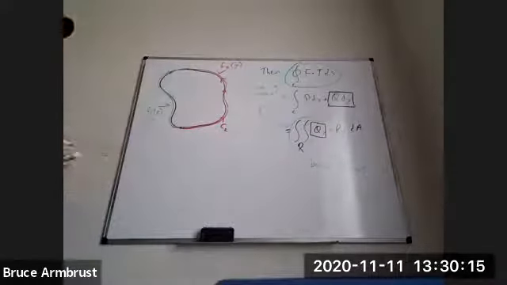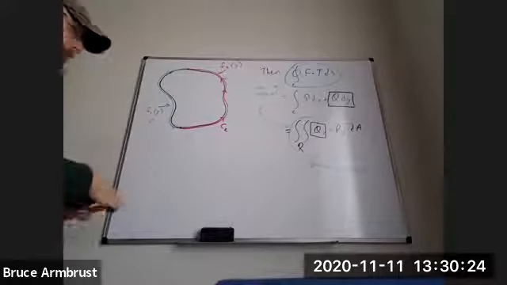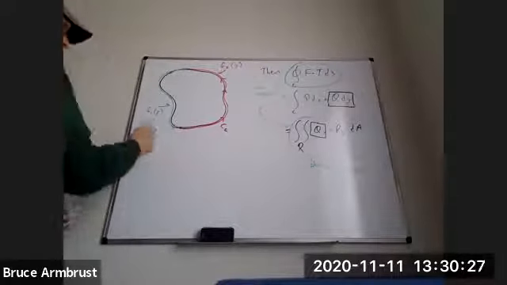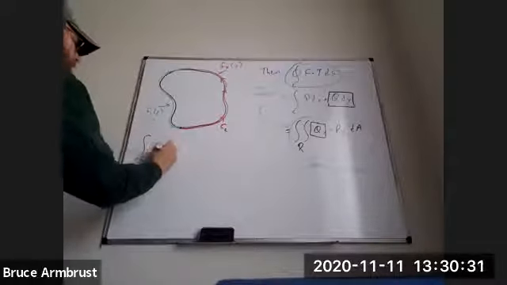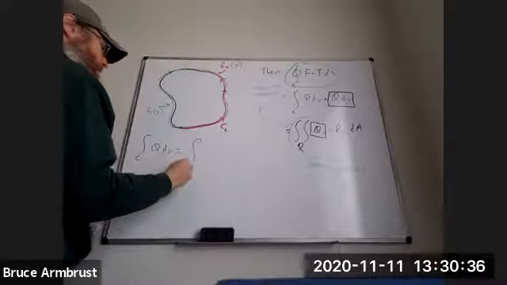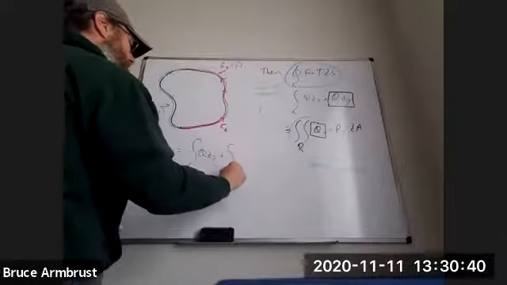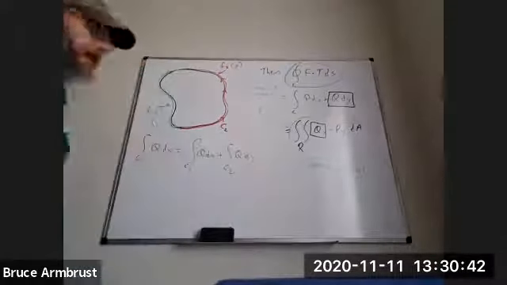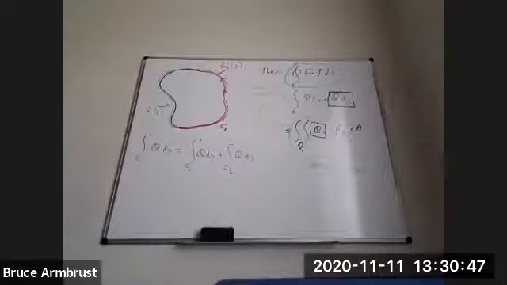And let's think about doing the line integrals over those two curves. So if we just look at the Q dy piece, we're looking at the integral over C of Q dy. That's going to be the integral over C1 of Q dy plus the integral over C2 of Q dy. The good old, you can take an integral and break it into two pieces, right? So we've got those two chunks.